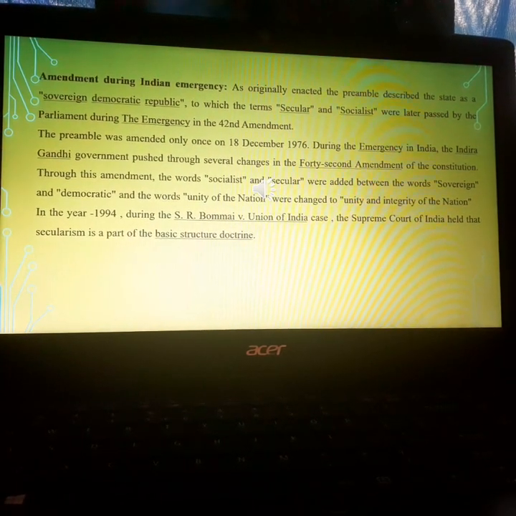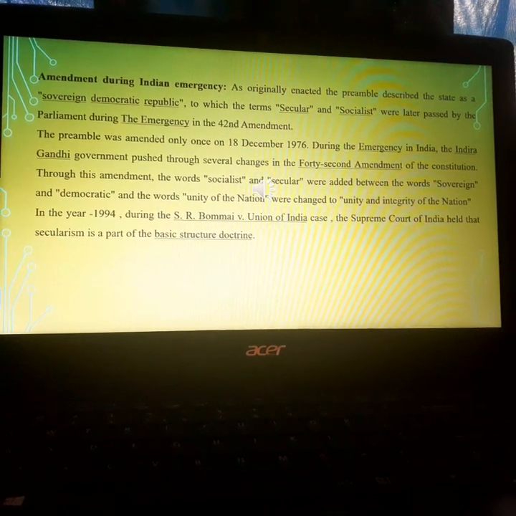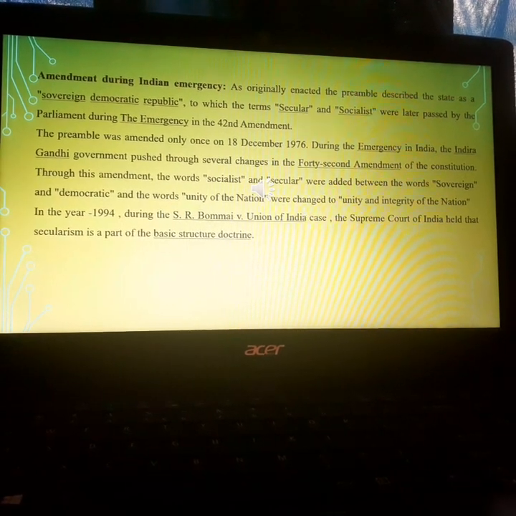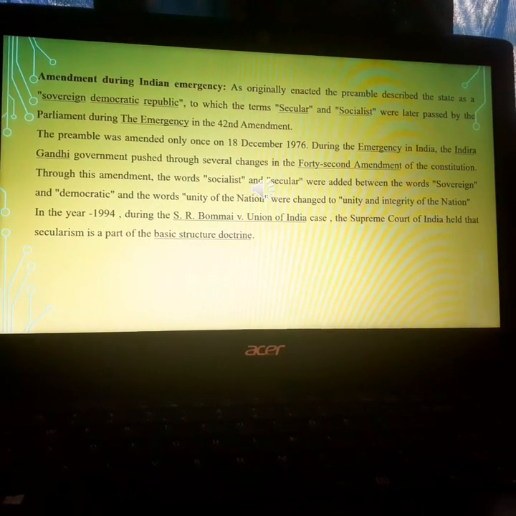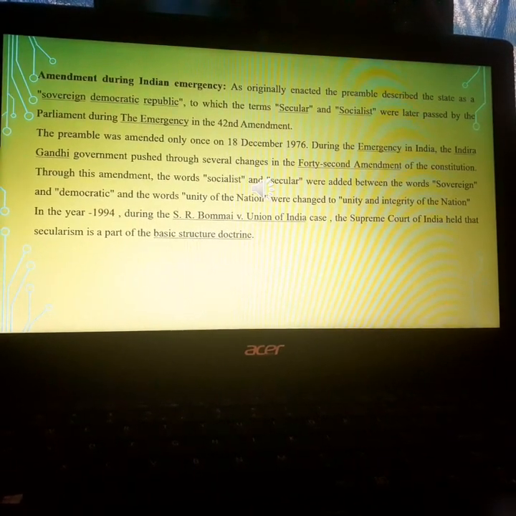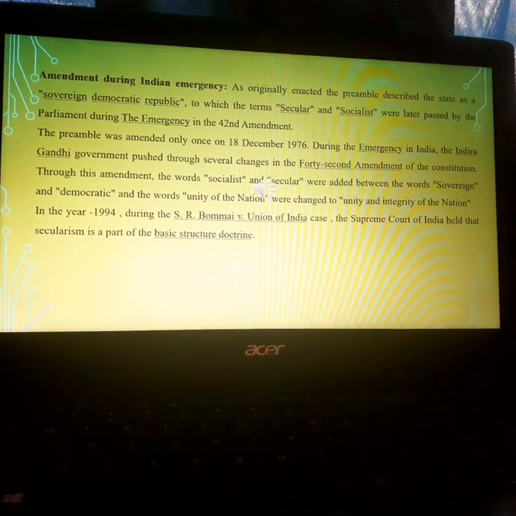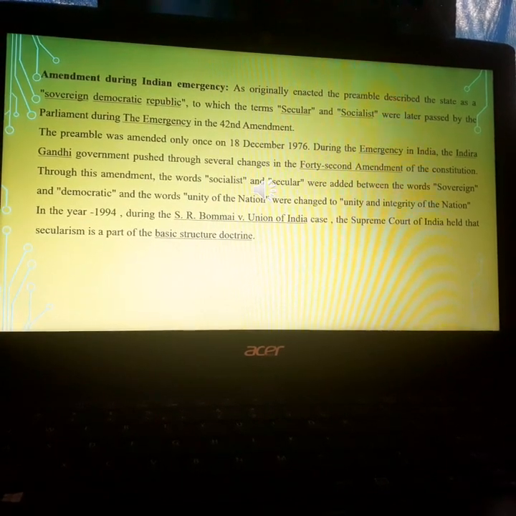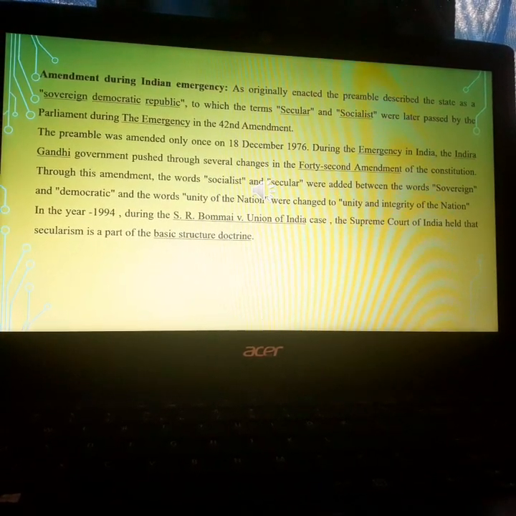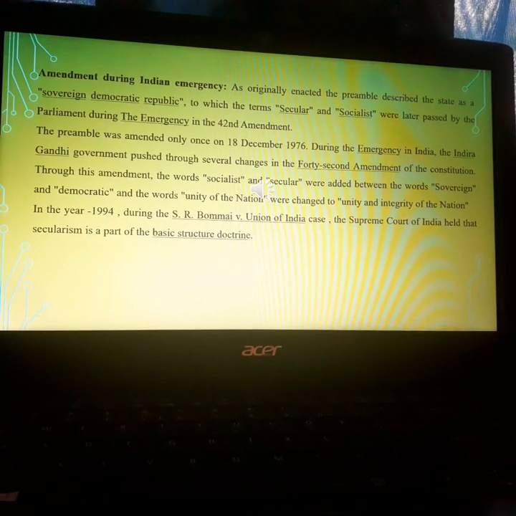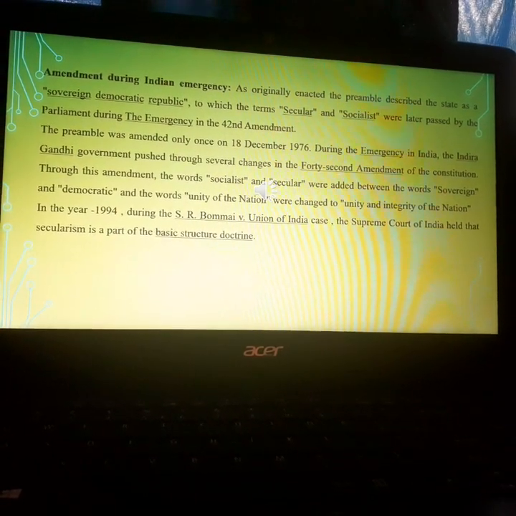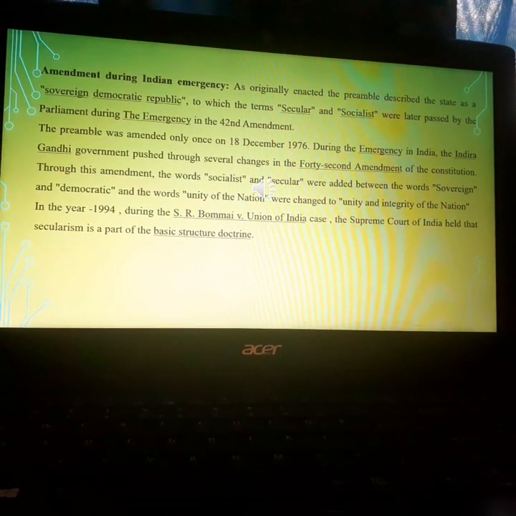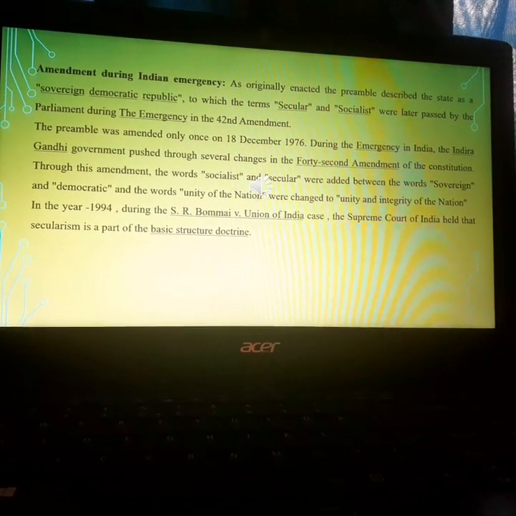Amendment during Indian emergency. As originally enacted, the preamble described the state as a sovereign democratic republic, to which the terms socialist, secular, and integrity were later added by the Parliament during the emergency in the 42nd Amendment. The preamble was amended only once, on 18th December 1976.